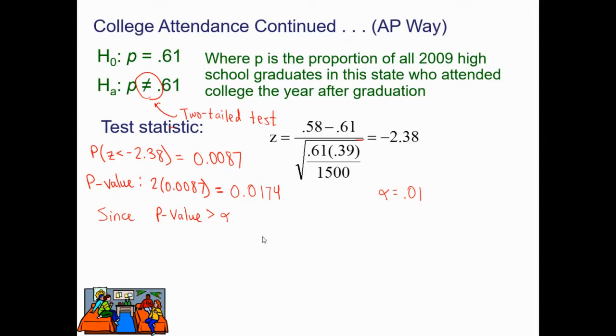Think back to yesterday. What did we say we had to do if the p-value was greater than alpha? We can't reject. Right, so how do we phrase that? There's a certain way. Fail to reject. That's right.